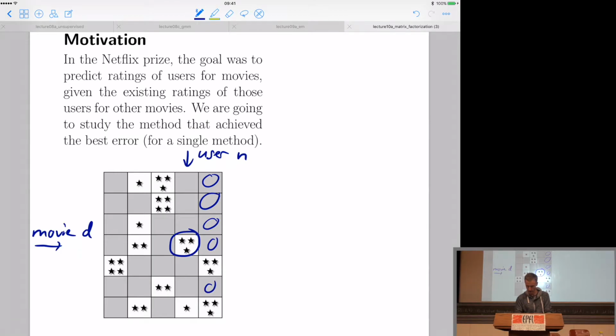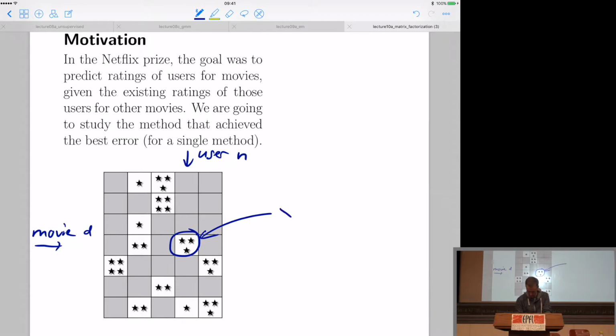All these unknown entries. The user only likes one movie, but maybe he or she might also like that movie or not, depending on all the information we have from that user and all the information we have about all the movies. So movies are rows, users are columns in this case. That's the task, to fill in all these unobserved entries.